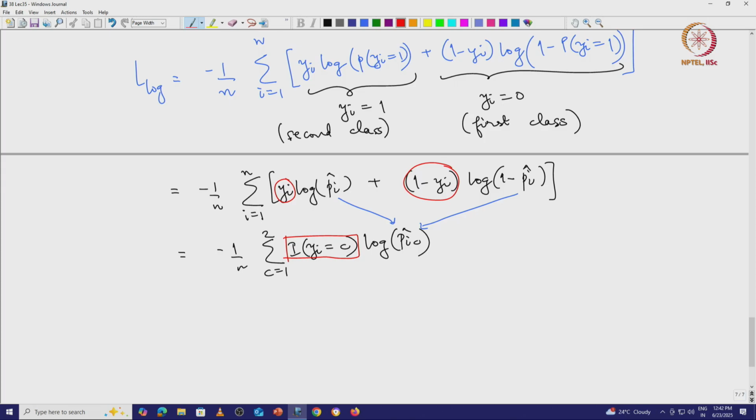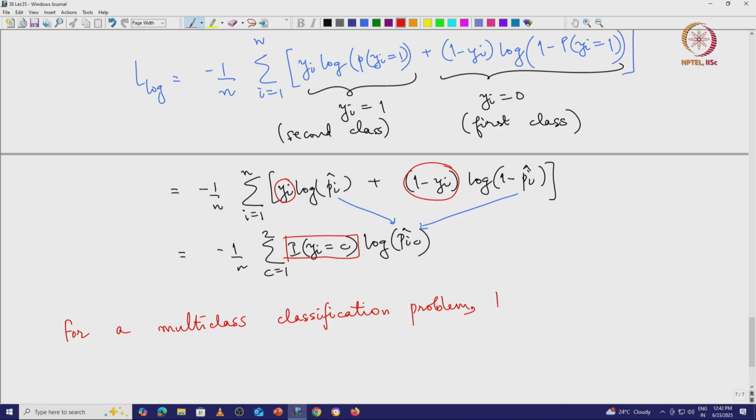So, instead of binary classification, if you had a multi-class classification problem, you know that you will use the multinomial cross entropy loss, right.